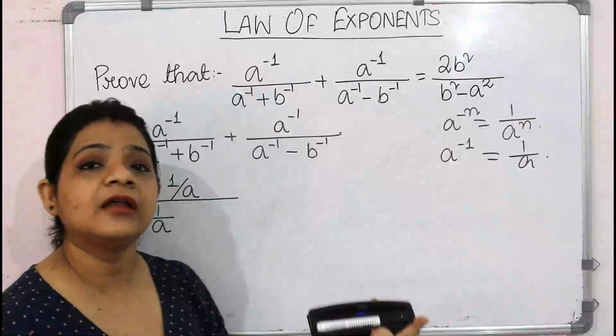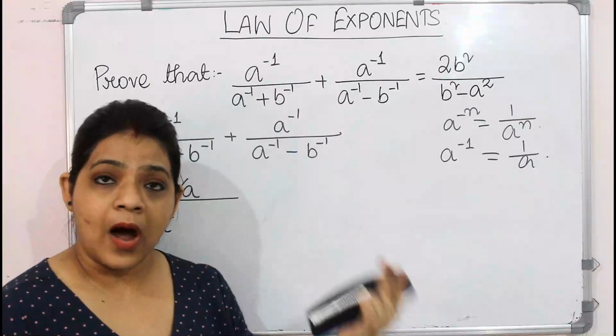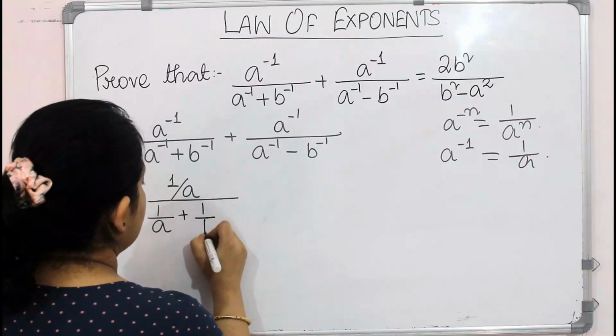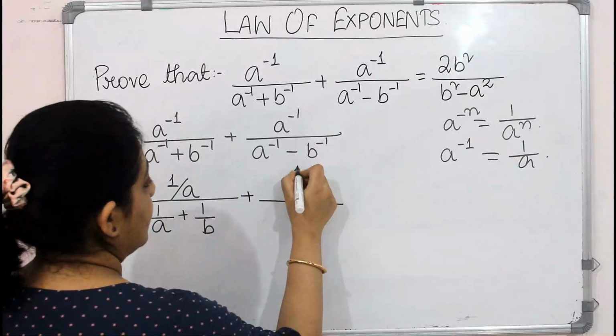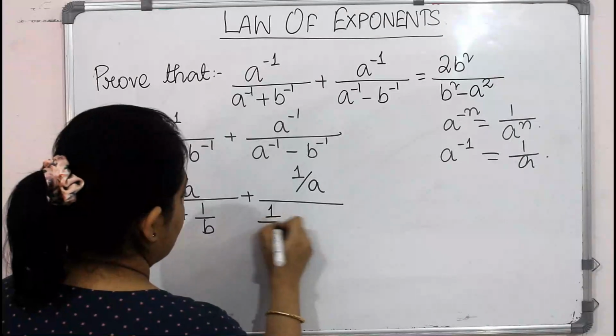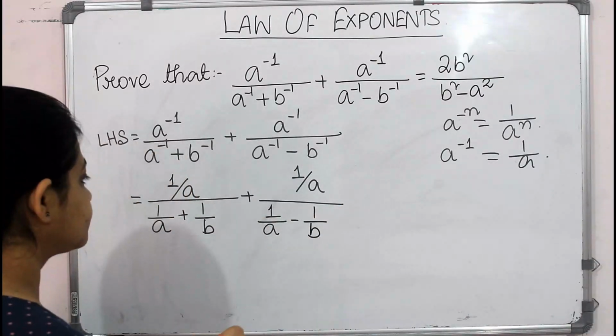How will you write b to the power of minus 1? You can replace it with 1 by b. So this is plus 1 by b, plus a to the power of minus 1, which I will write as 1 by a, and this is 1 by a minus 1 by b.